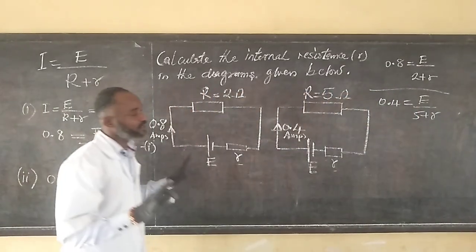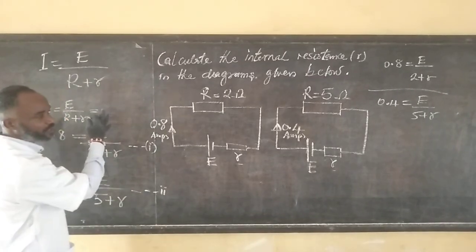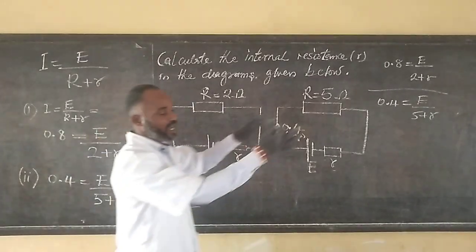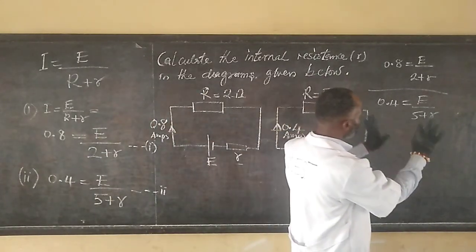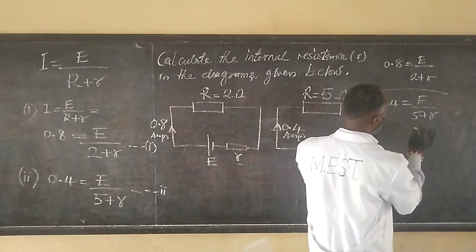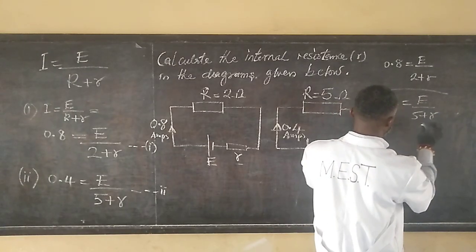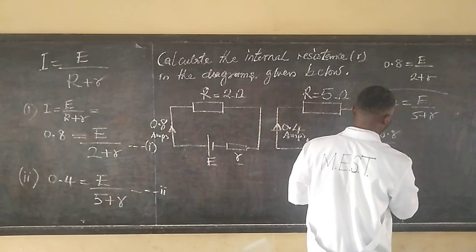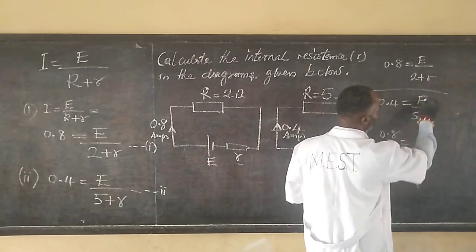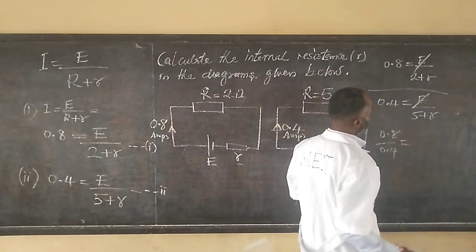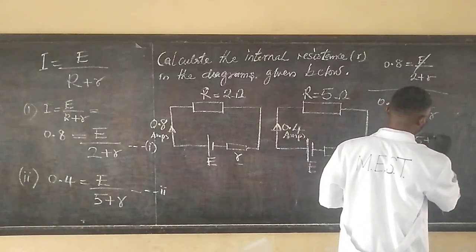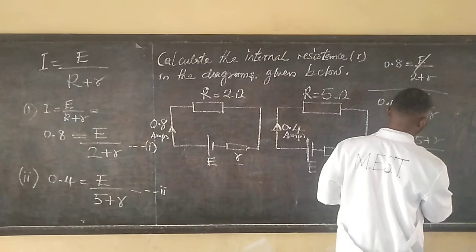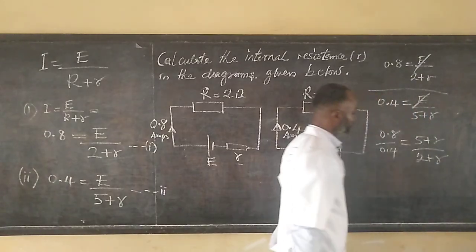We have done the first thing, analyzing the question, and now we are dividing. Simple division gives that 0.8 over 0.4 is equal to 5 plus r all over 2 plus r, because the E cancels.